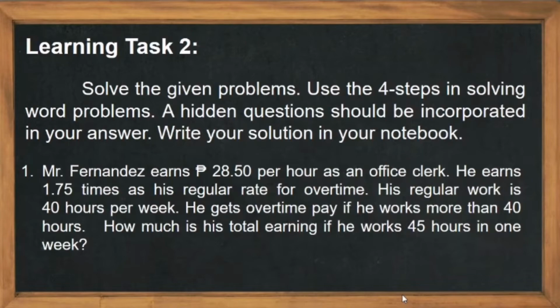If we divide those 40 hours in 1 week into 5 working days, that would give you 8 hours a day of working. So Mr. Fernandez works 8 hours. Now, the question is, how much is his total earning if he works 45 hours in 1 week?